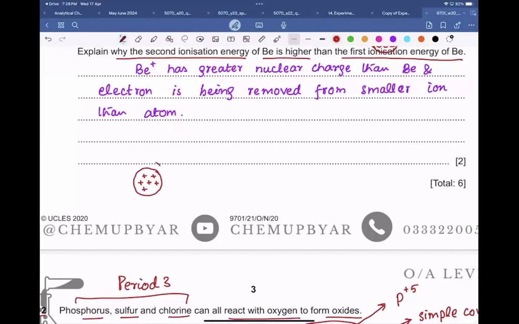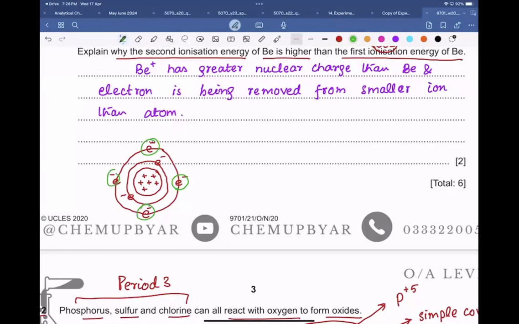And if it's an atom, in its first shell, there are 2 electrons. And then in its second shell, we have 4 electrons. Right? Now, if I have to remove the electron, I have to provide energy, and any one of the electrons present over here is going to be removed from here.